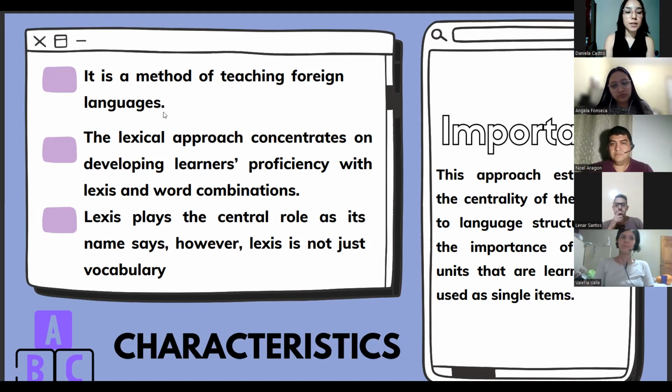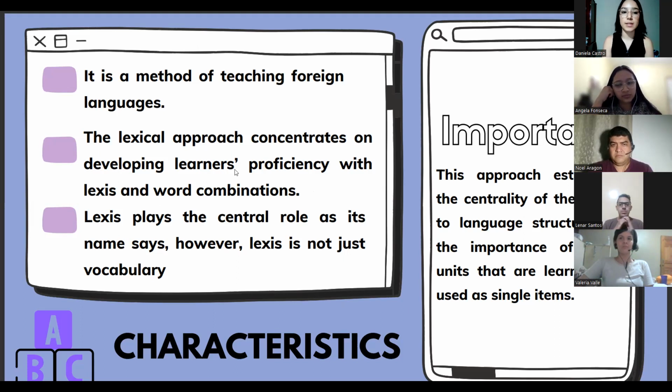And the second characteristic says the lexical approach concentrates on developing learners' proficiency with lexis and word combinations. In my opinion, I think this method is focused on communication, not perfection, because as I mentioned before, it's totally different from the grammar structures, grammar rules, something like that.